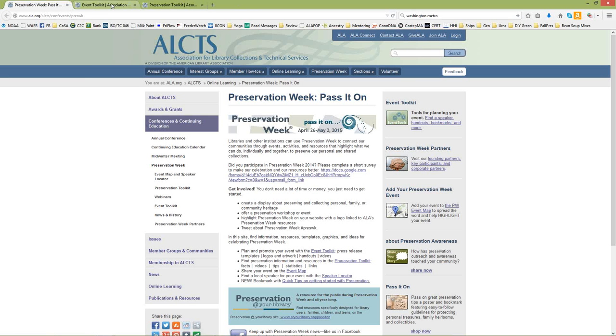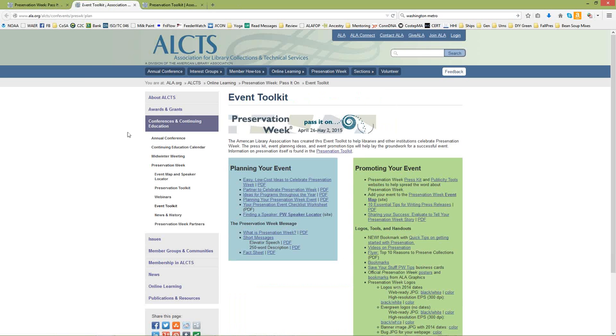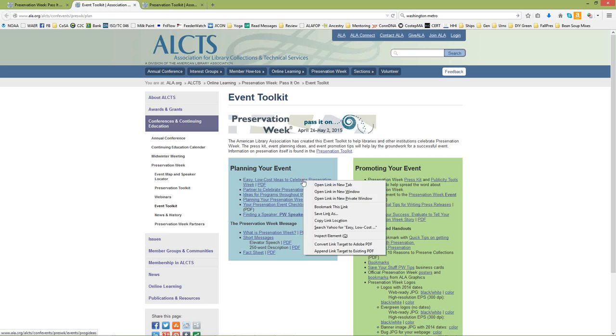The event toolkit has some very easy documents to help you plan your event. We've got some easy, low-cost ideas to help you get started.